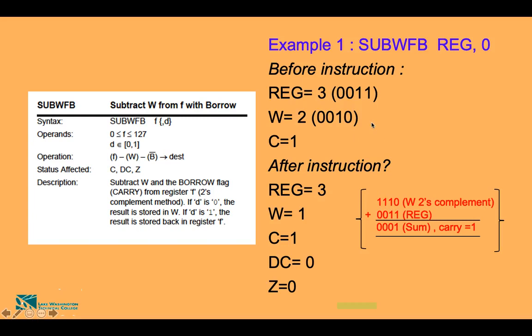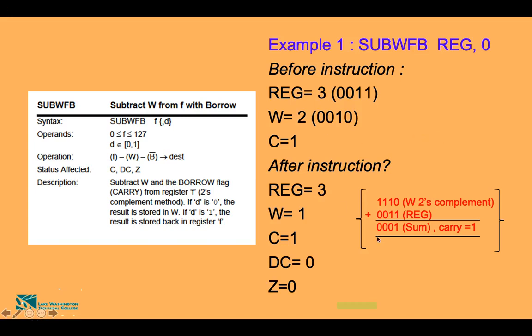To convert it into 2's complement, I hope you already know it. You first convert it into 1's complement, which means if I take the 1's complement for this number, it's going to be 1101. And then I'll add 1 to the 1's complement, and whatever comes out is going to be my 2's complement.